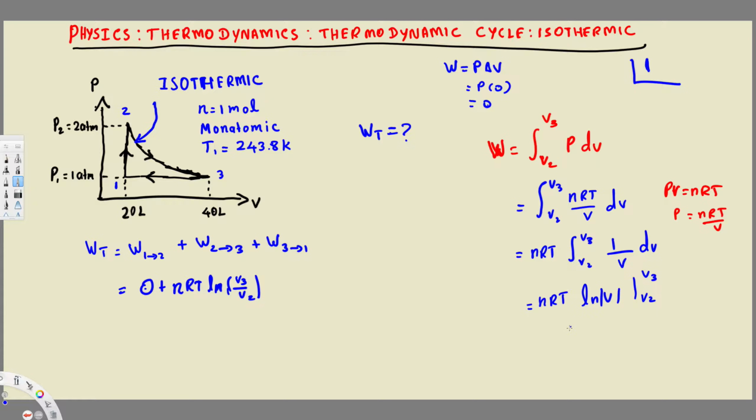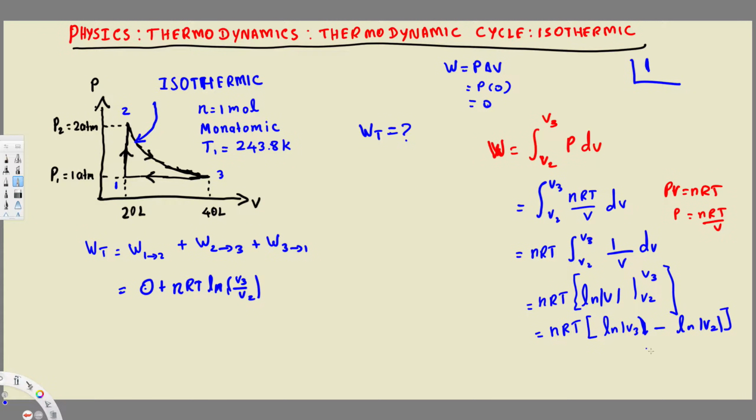Now if I plug this in, V2 instead of V and V3 instead of V, this is going to be nRT times ln V3 minus ln V2, right? That's going to be it. And in logarithms, if you subtract, that's equal to dividing.